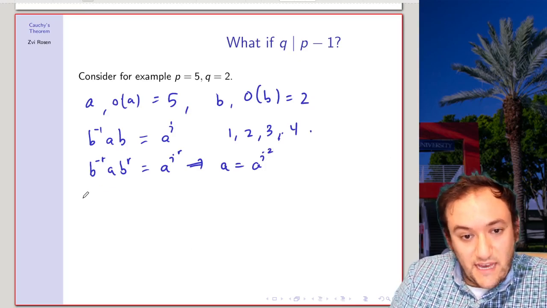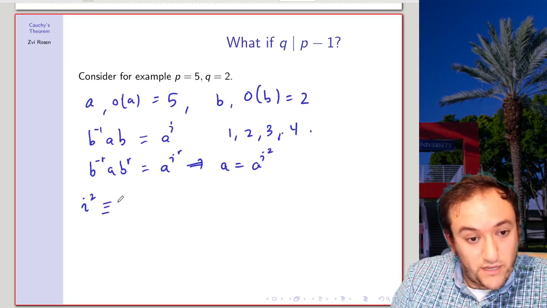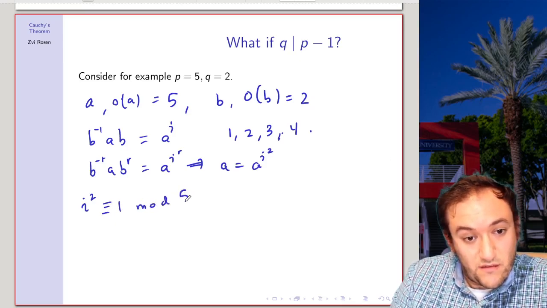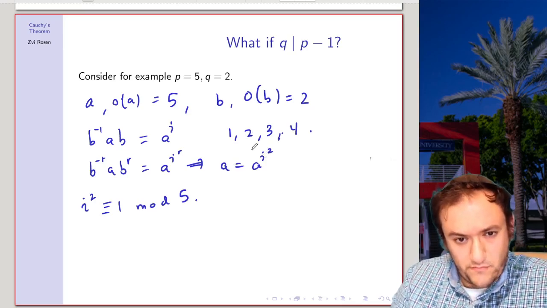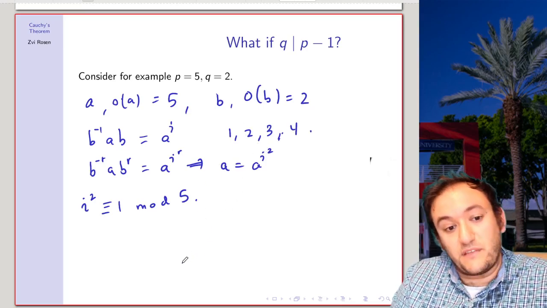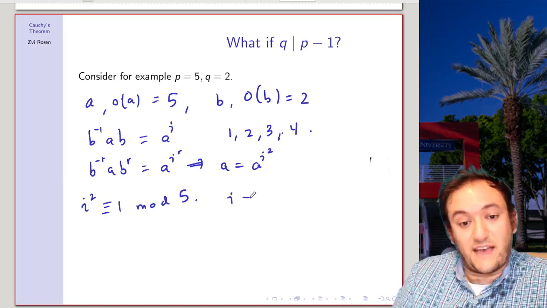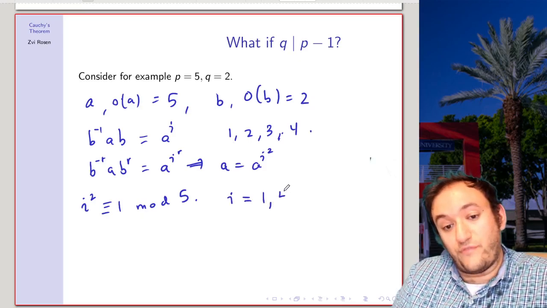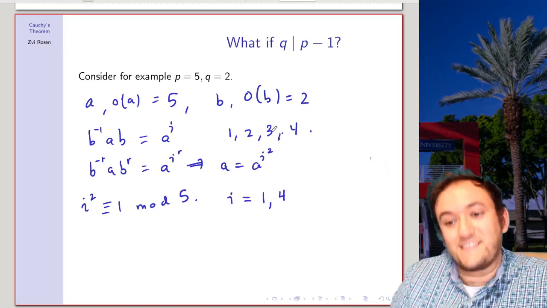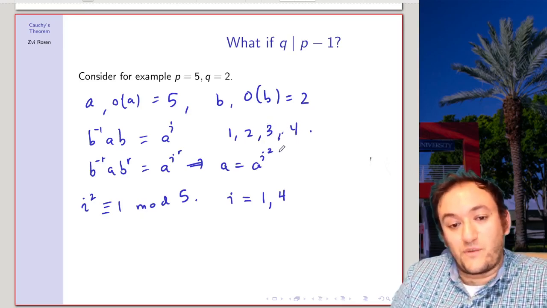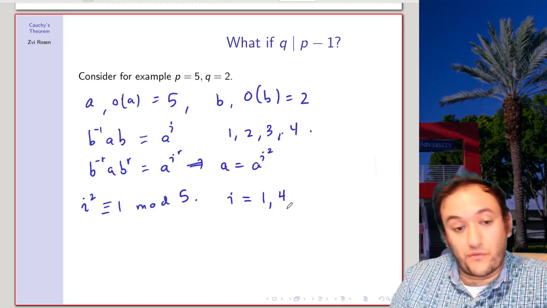So I squared is congruent to 1 mod 5. Looking at our possibilities, I has to be equal to 1 or 4, because for 2 and 3, I squared is 4.